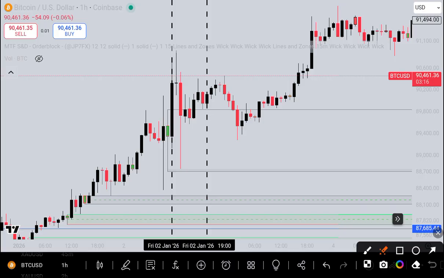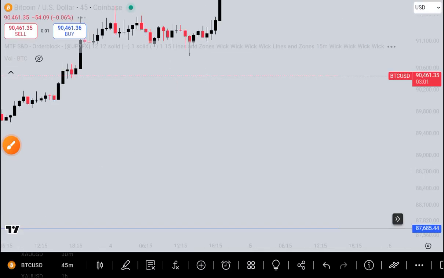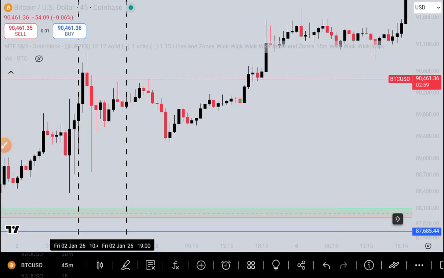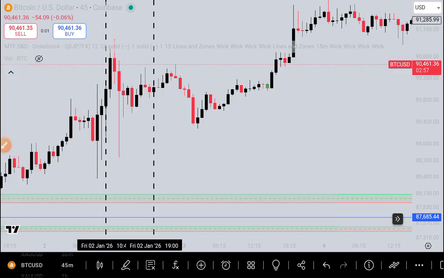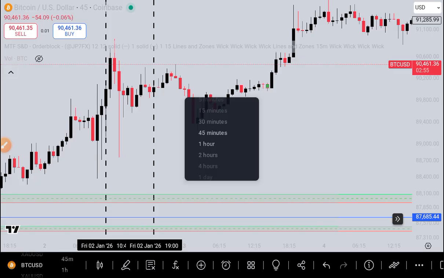Now, what will price do here? Price will come back into this zone. I'm sure if you go down to a lower time frame, you probably find another zone. But this one we found is actually more than enough. So let me quickly mark that zone.